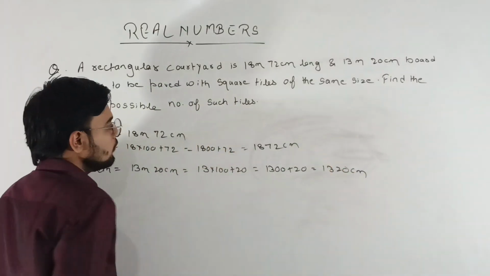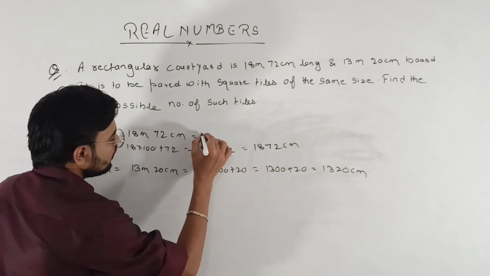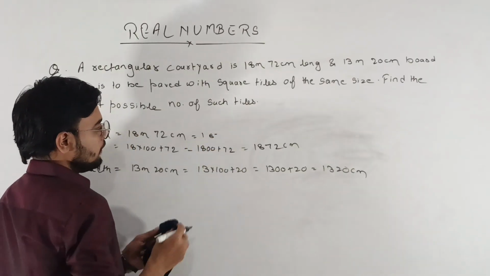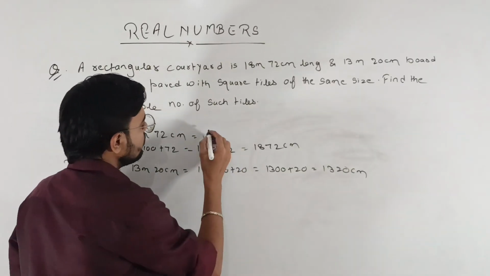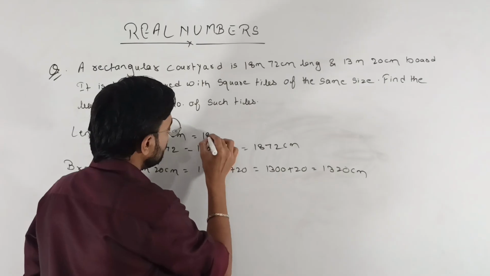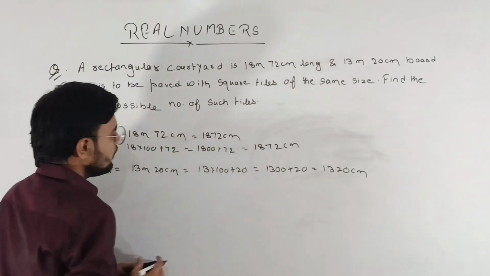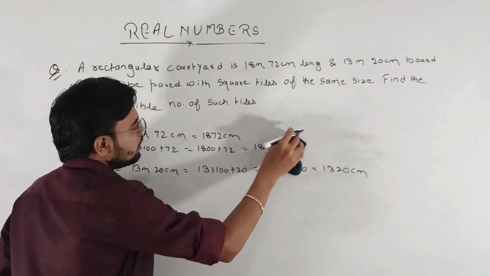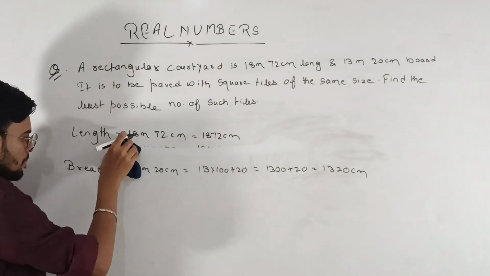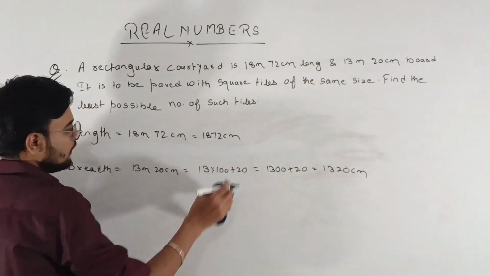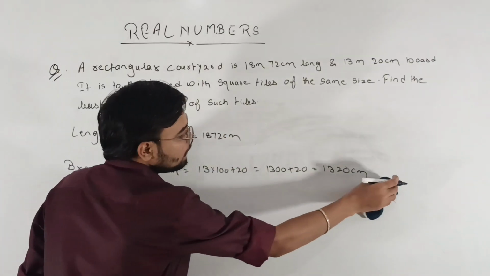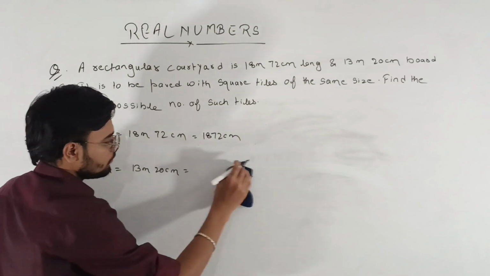This is in centimeter: 1872 centimeter. I write it directly here, 1872 centimeter, and I erase this one. Similarly, in case of breadth, I write 1320 centimeter.